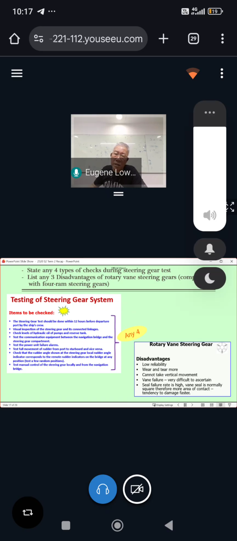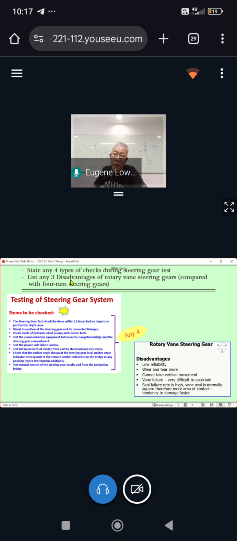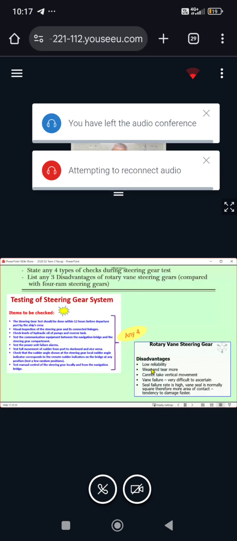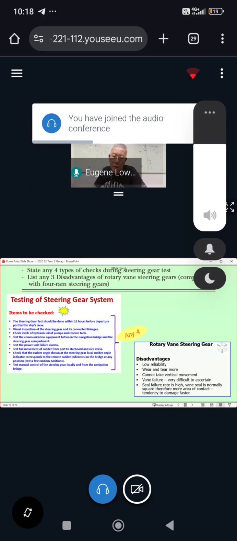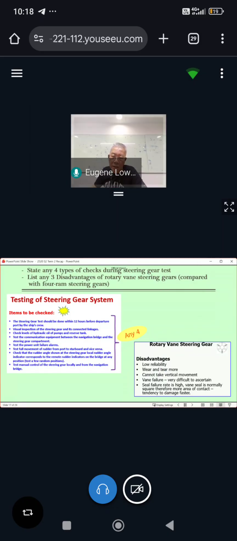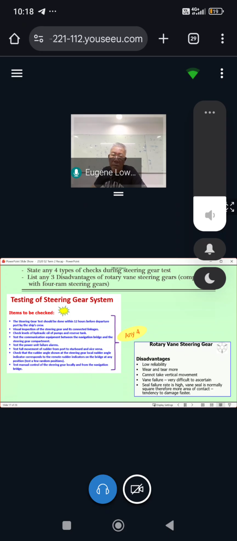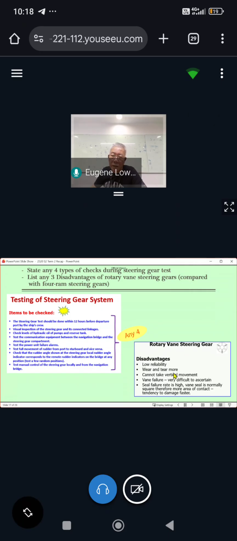Okay, the next part of this slide here lists any disadvantages of rotary vane. In case of any abnormal operation, or abnormalities, wear and tear will be more than the RAM system, right, and it cannot take vertical movement, because it's all tightly packed within a round cylinder.